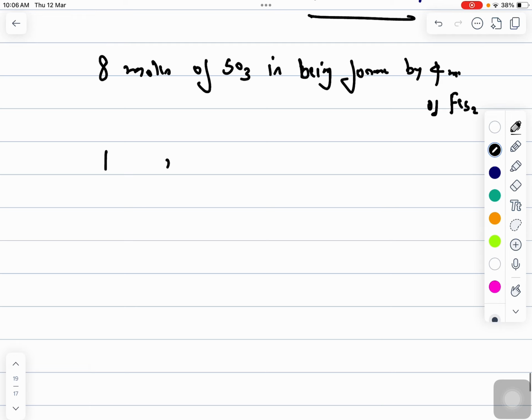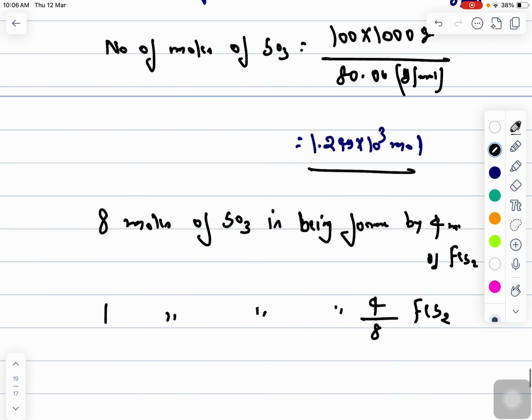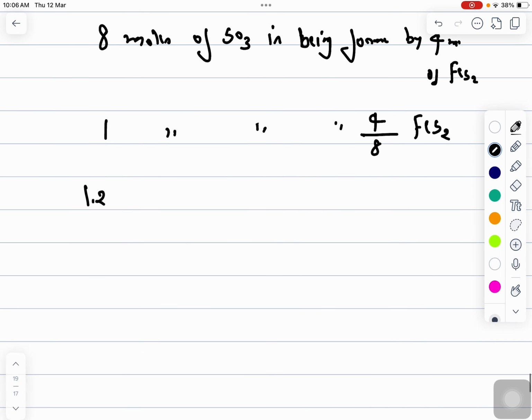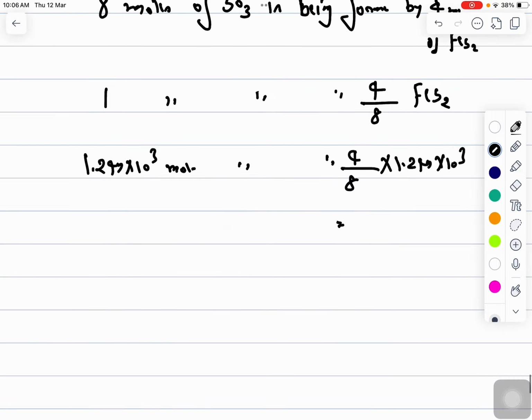So 1 mole of SO3 will be formed by 4 by 8 moles of FeS2, and you are supposed to form 1.249 into 10 to the power 3 moles, so that will need 4 by 8 into 1.249 into 10 to the power 3. Once you perform this calculation, you will be getting 0.624 into 10 to the power 3 moles.